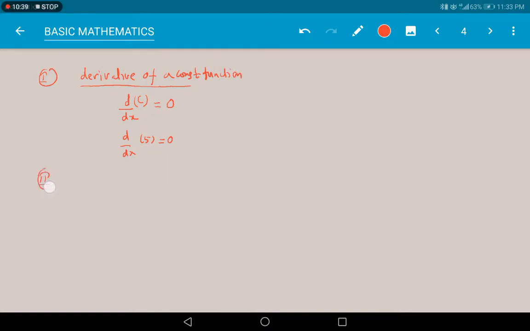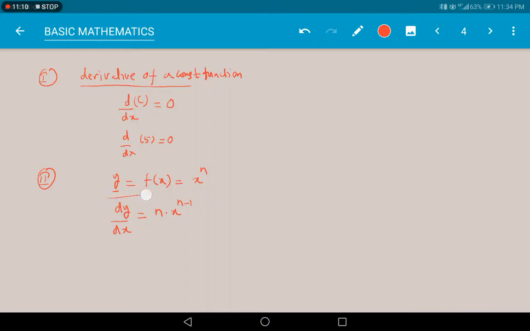Right, the second formula. If the function is of nth power, for suppose y equals f of x, it means y is represented as a function of x, and it is the nth power, then how do we write its derivative? dy by dx equals n into x to the power of n minus 1.